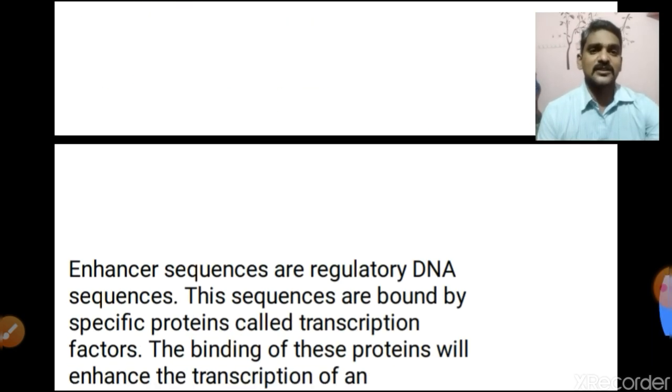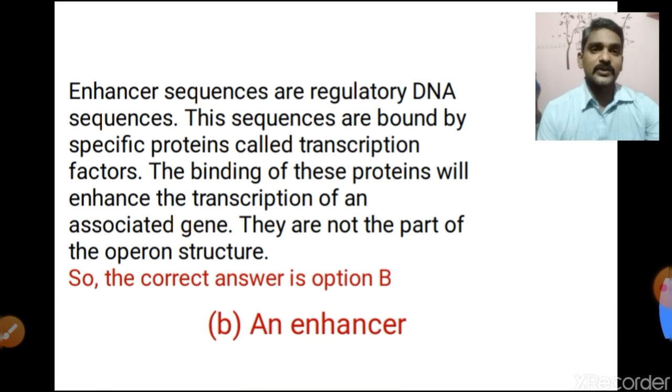What do we mean by enhancer? Enhancer sequences are regulatory DNA sequences. These sequences are bound by specific proteins called transcription factors. The binding of these proteins will enhance the transcription of the associated gene. That means wherever these sequences are present, they will enhance the transcription.